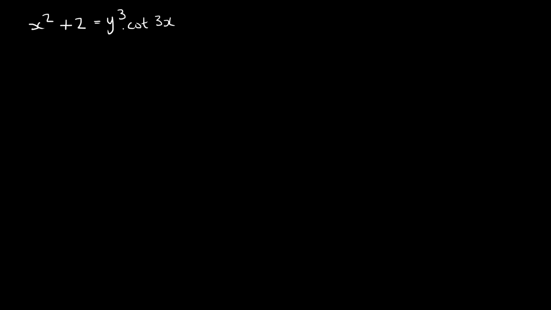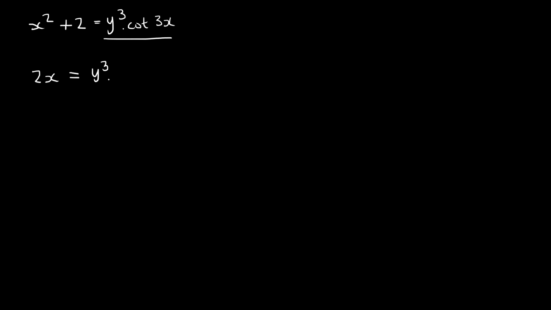So let's do it. The first thing, we derive x squared, we get 2x. We derive 2, it's a constant, it's 0. Now here, product rule. We start with the first one, which is u times the derivative of cot. You check your formula sheet if you're not sure. You don't have to cram everything because you are given the formulas, but when you keep on practicing, you end up knowing them.